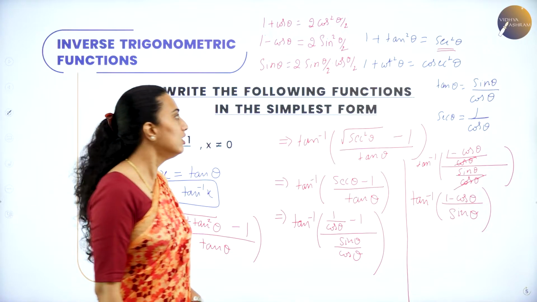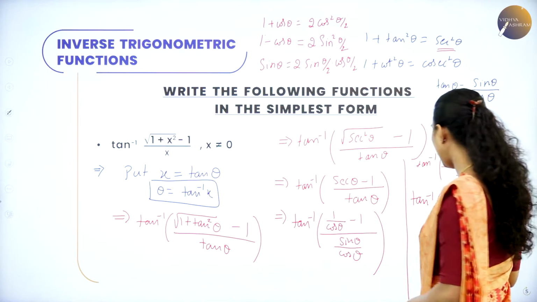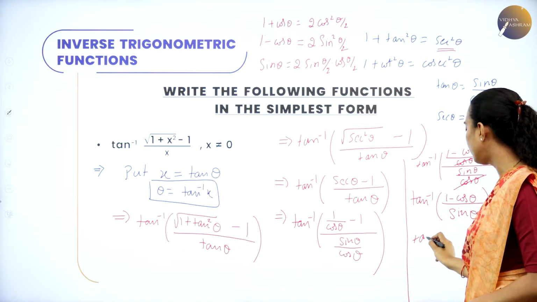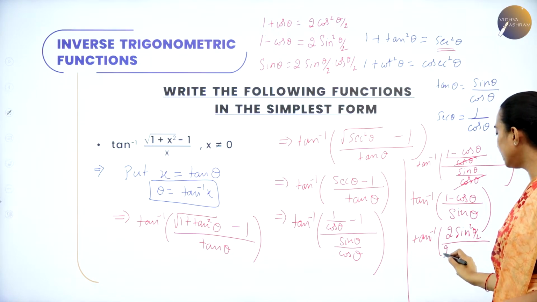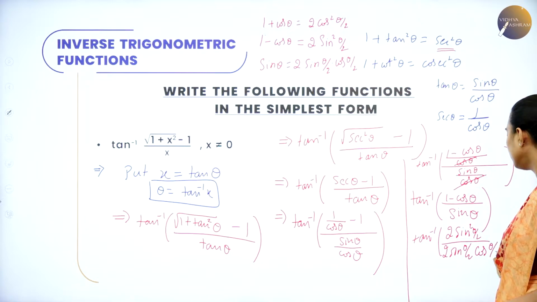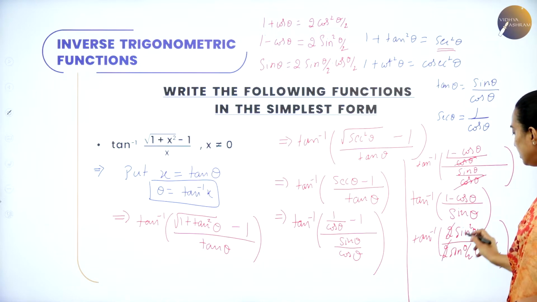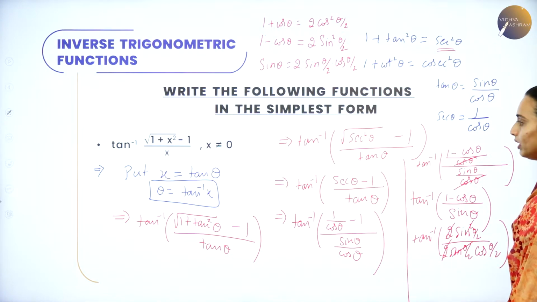Are you getting this? So therefore, substituting accordingly, what am I going to get? Tan inverse of 2 sin squared theta by 2 divided by 2 sin theta by 2 into cos theta by 2. 2 will get cancelled. Sin squared theta by 2 in the numerator, and in the denominator one sin theta by 2 will get cancelled.